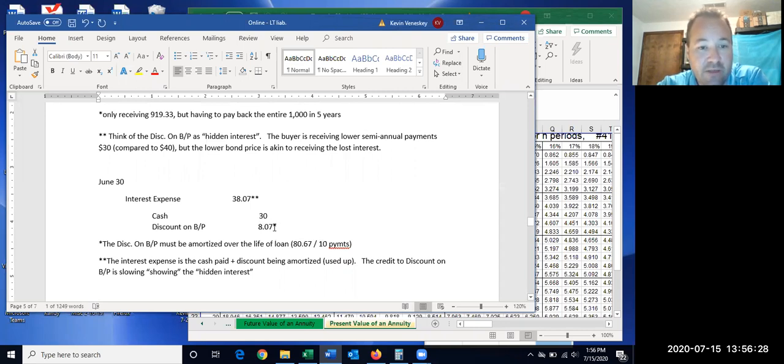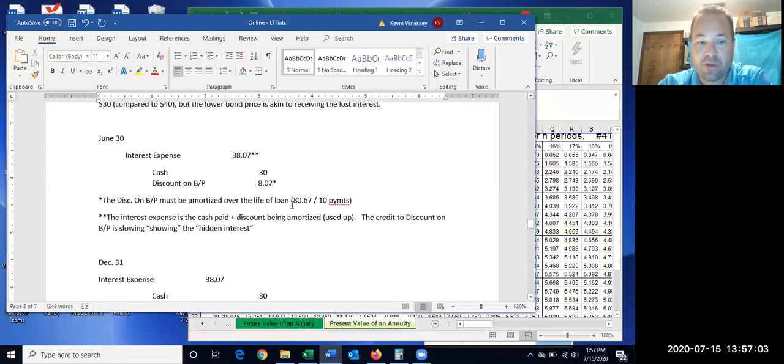So my interest expense isn't just 30, it's 30 plus a little bit of that 80. Instead of having to make 30 bucks on that very last payment and then another 80 bucks as interest because I'm paying them back more than what they paid me, I'm putting that 80 a little bit in every single payment. So not 1 year has a whole bunch and then all the other years have nothing. That's the whole reason we do it like that for interest.